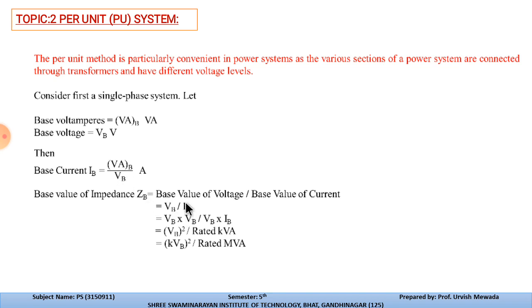If we put the value over here, then we can get the value of ZB. So we have the base voltage VB in V, and base volt ampere VAB in VA. The base current IB is VAB divided by VB. By placing these values, we can determine the value of ZB.